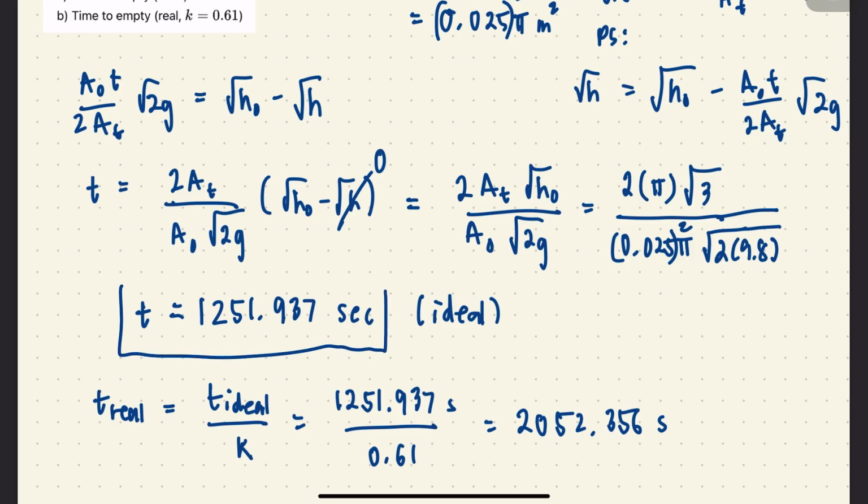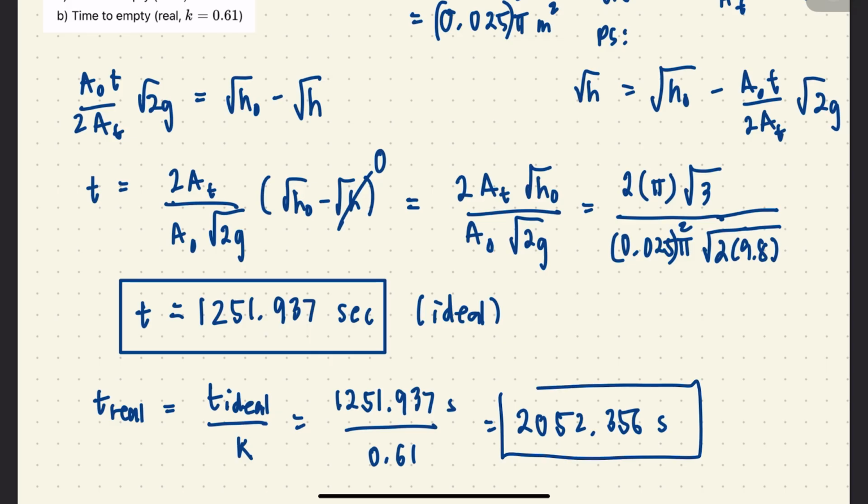As we mentioned, the time to drain using the real model will be slower as we have applied the coefficient of discharge, or your K.